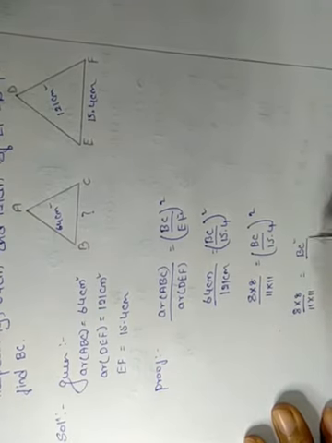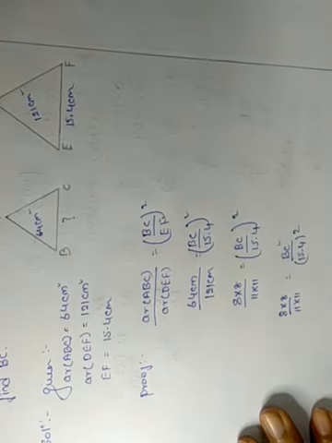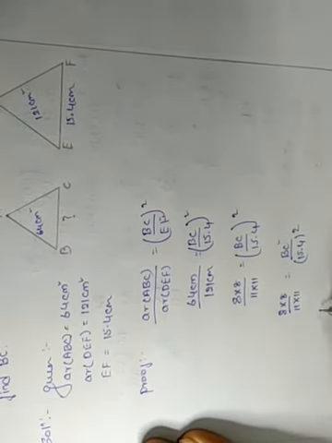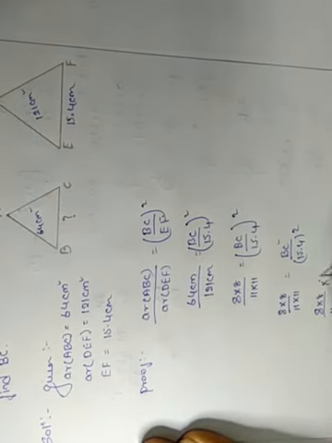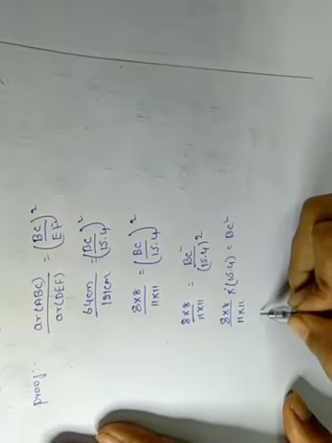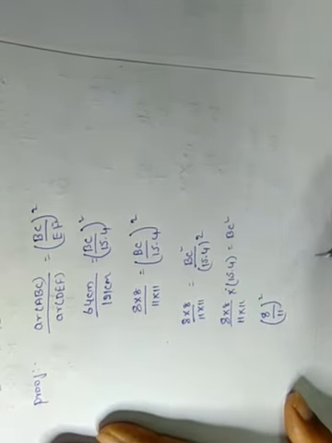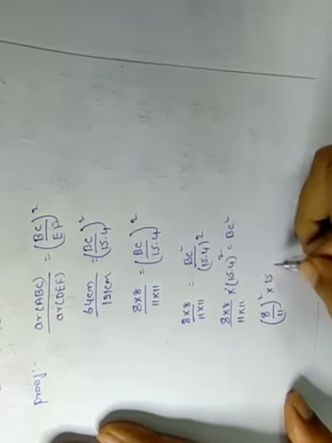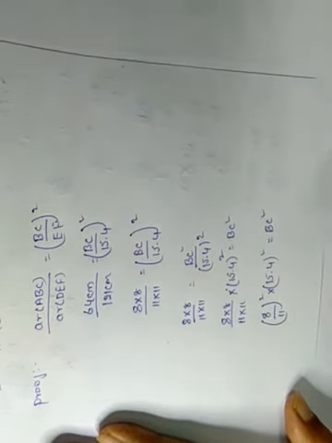Then BC square is divided by 15.4 whole square. As I told, we'll bring this to the left hand side: 8 into 8 divided by 11 into 11 into 15.4 is equal to BC square. Now we'll write it in power form: 8 divided by 11 whole square, and 15.4 also whole square, is equal to BC square, right?